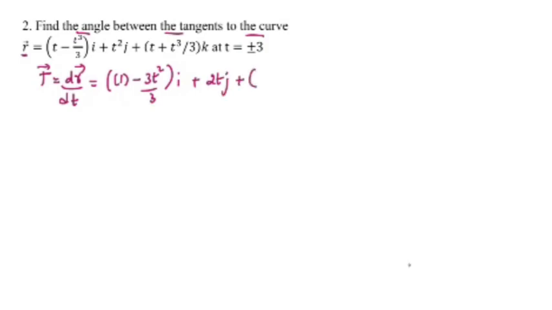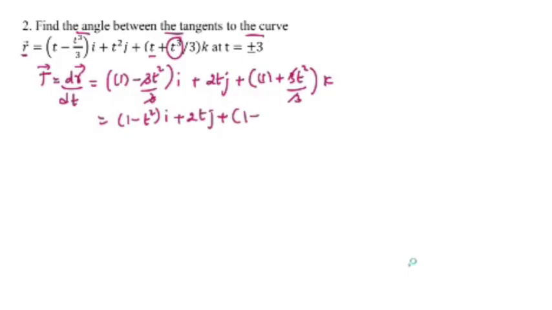Then here it is t will be 1, then plus t cube will be 3t square divided by 3 into k. Now this 3 and 3 will get cancelled, this 3 and 3 will get cancelled, so you get 1 minus t square into i plus 2tj plus 1 plus t square into k. So this is your tangent to the curve, t vector.